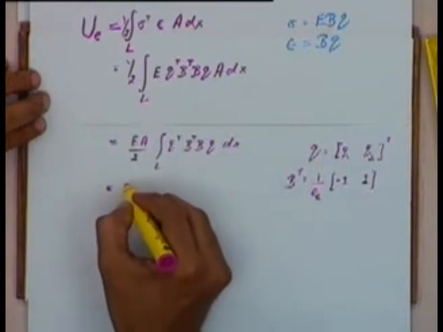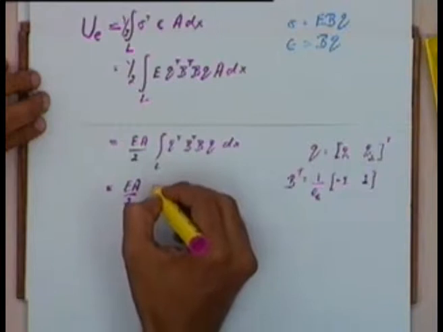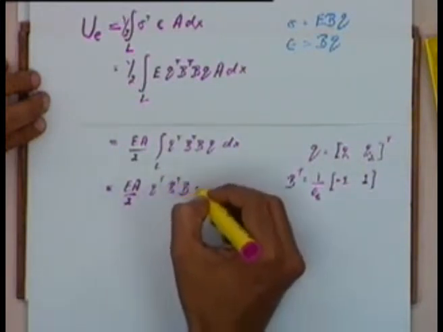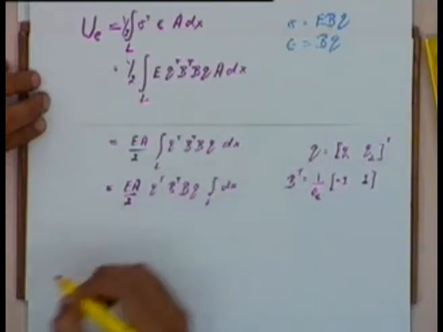So in this integral over the length, all these four terms are constant terms. So this will be equal to EA by 2 multiplied by Q transpose B transpose B Q, integral over the length dx.